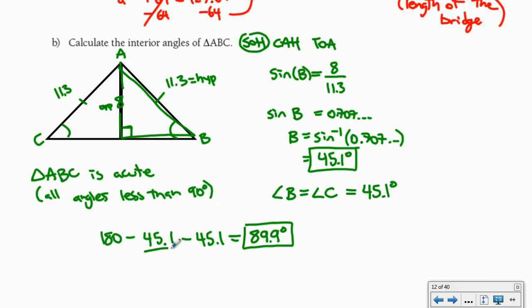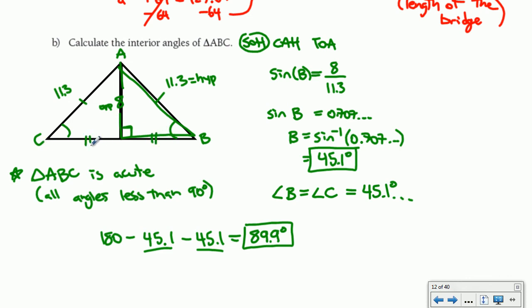And by the way, for these angles that I just subtracted, I used the unrounded version of my answer from here, so I just multiplied that by 2 and subtracted that from 180, so that's how I got that. Okay, so that's good. ABC is acute, and next thing we should check is based on the lengths.